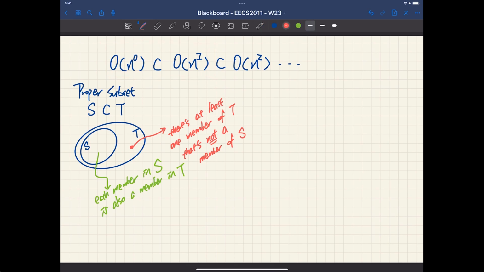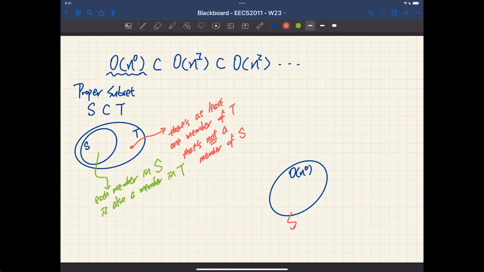Let's try to draw the family for big O of n^0. Let's say this is the big O of n^0. And let's start with its very definition. Do you guys remember the definition for the family of big O of n^0?